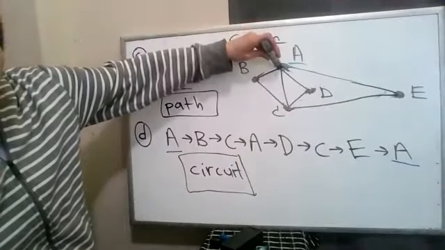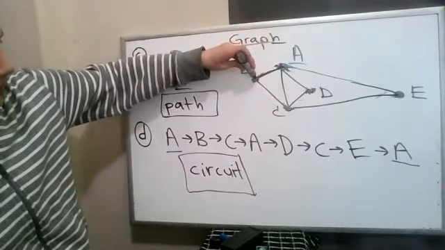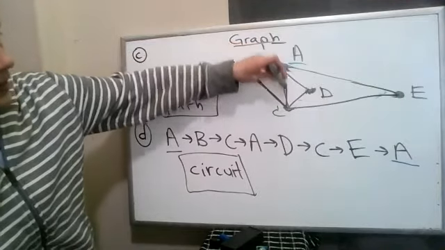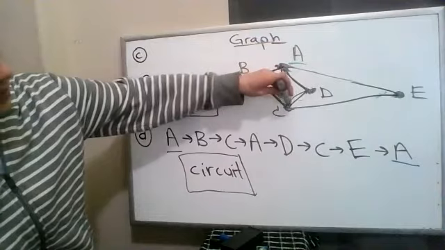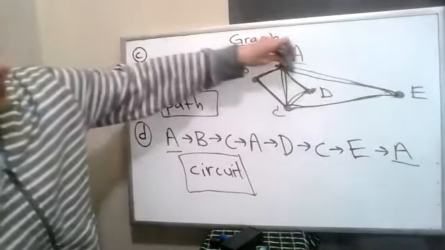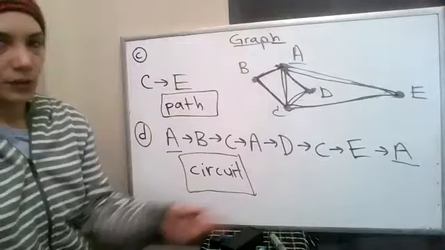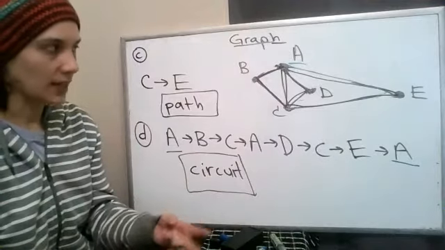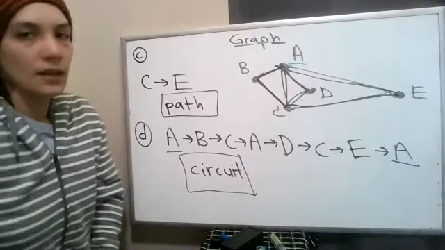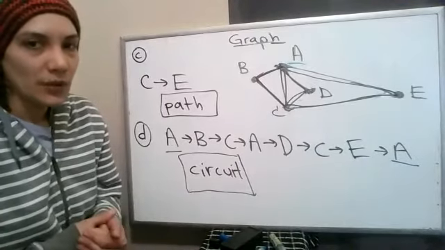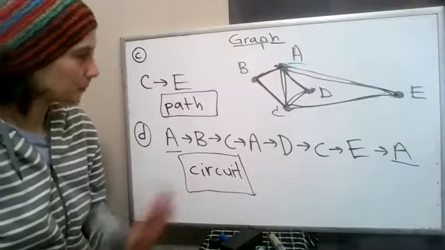So we went A, B, C, A, D, C, E, A, which was a walk and also a path and a circuit, so we choose circuit. Okay, I want to do one more, and that's good for now.